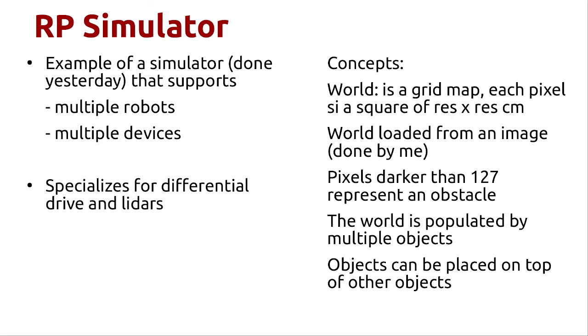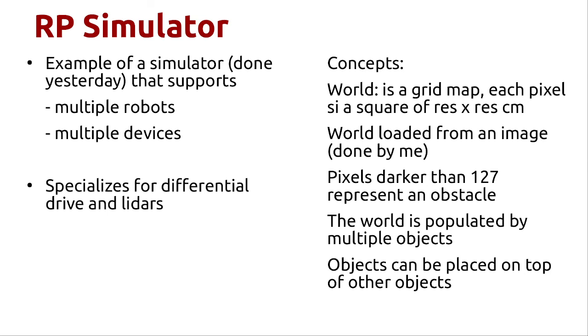In particular, it specializes for a special robot, which is a differential drive. What is a differential drive? It is a robot that can be controlled in tangent velocity, which means this sort of velocity, and angular velocity. Okay? So it moves on arcs of circumference, which are controlled by the ratio between translational and rotational velocity.